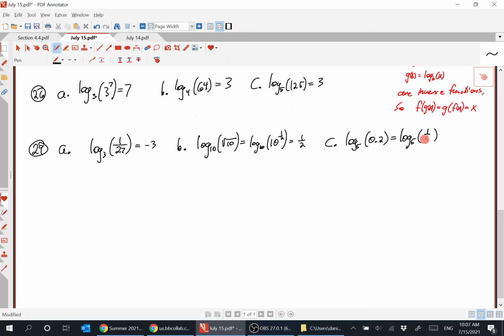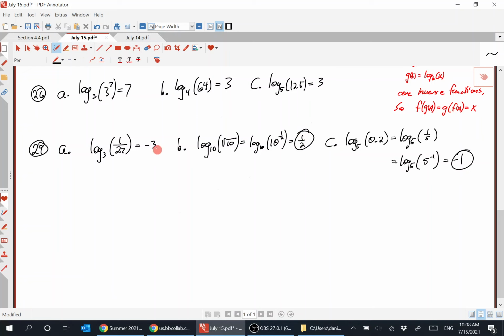It's 1/5, right? Which is equal to the log base 5 of 1/5. Well, since 5 is 5 to the 1, 1/5 is 5 to the minus 1. Right, that's how you do a reciprocal, 5 to the minus 1. So this is minus 1.